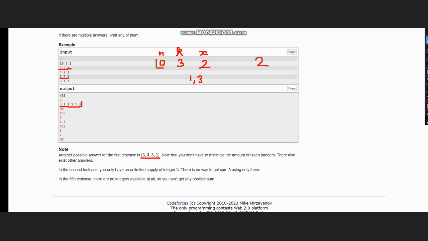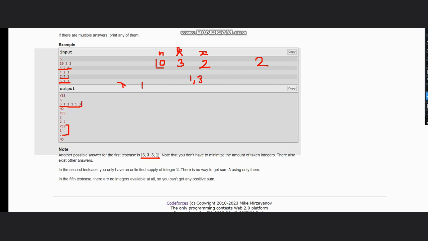So 3 is removed, but it does not matter because our k was equal to n, hence it would be 1, 7, with yes. Now in case of 6 1 1, we have only 1 as k, but x is also 1, so 1 is removed and nothing is left, hence we print no.